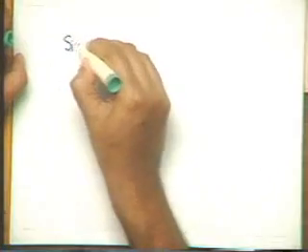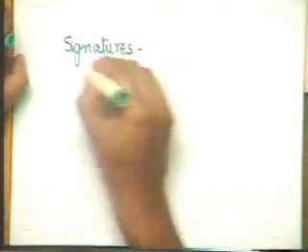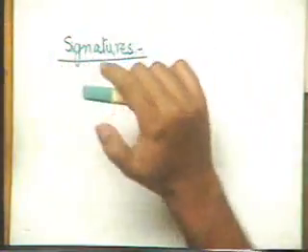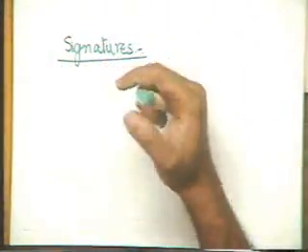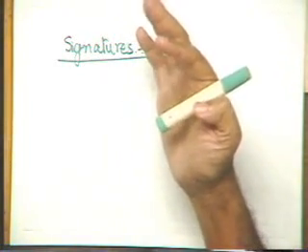Now another approach towards region representation is by the signatures, and I'll tell you what the signature is. Normally the contour that you get is a two-dimensional contour of a region, isn't it?